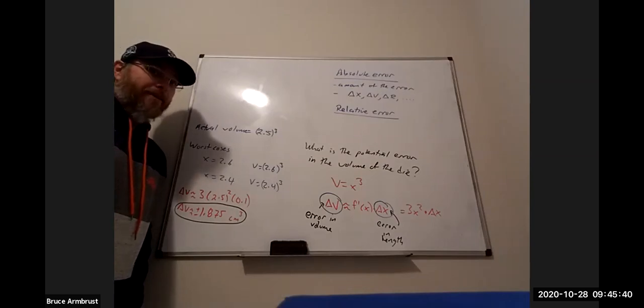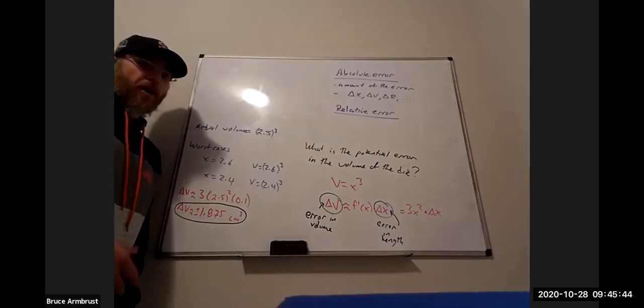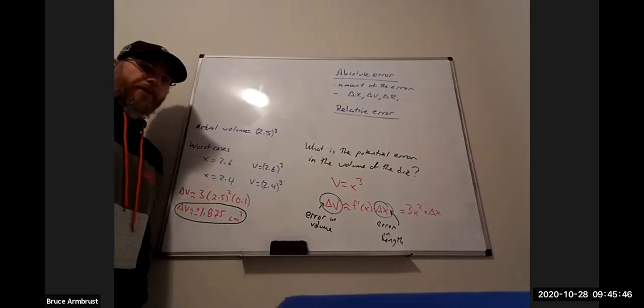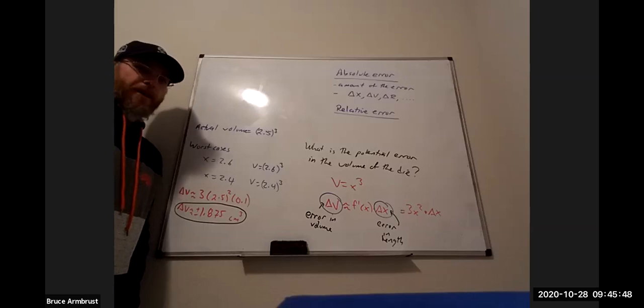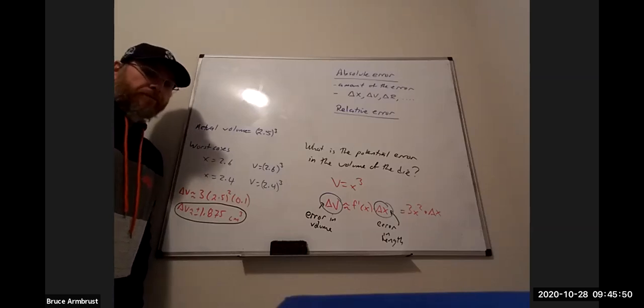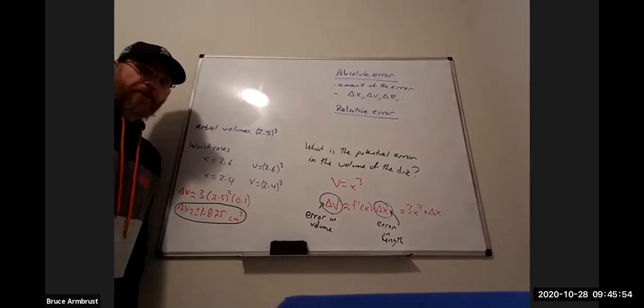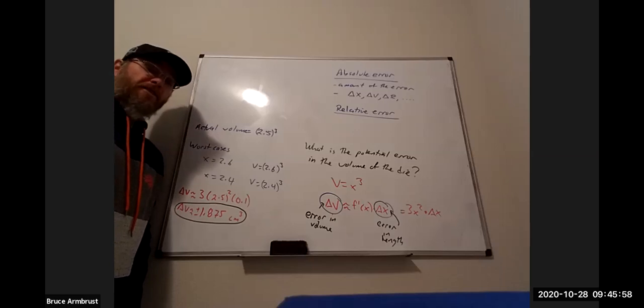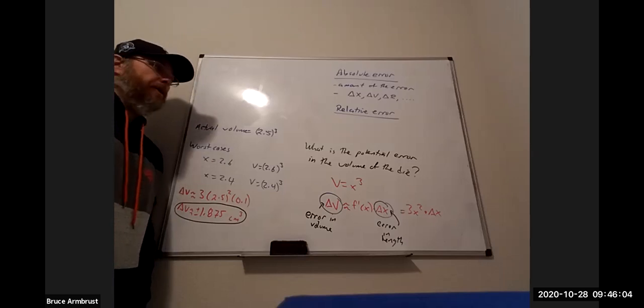Well, that's really bad, right? If I just told you we're off by 1.875 cubic centimeters, you'd wonder whether that's good or bad. That's what relative error gets at: it tells you, compared to the actual amount, how this error is doing.